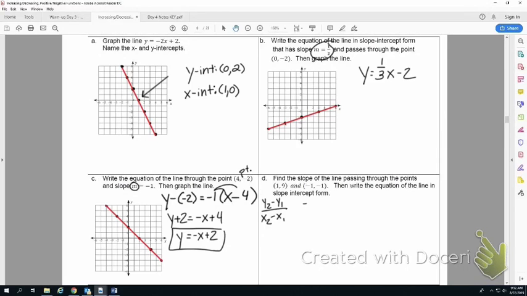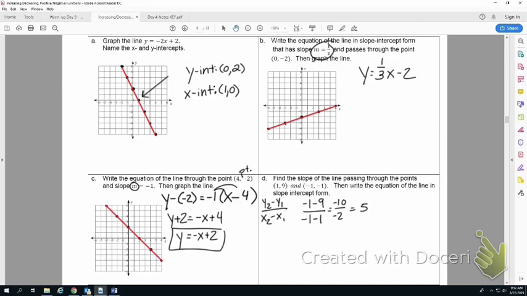So I would go -1 minus 9, -1 minus 1, -10 over -2, which gives me a slope of 5.